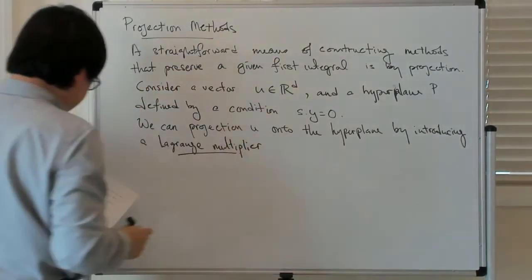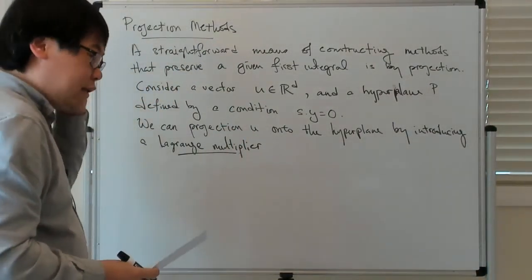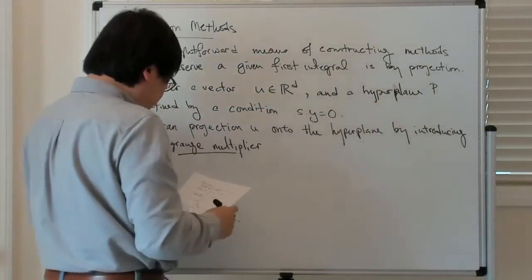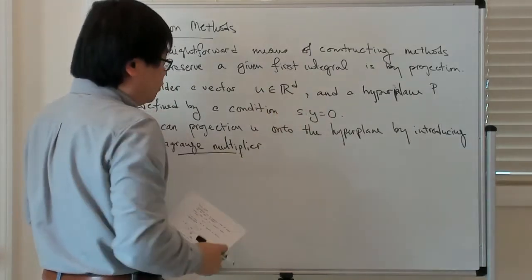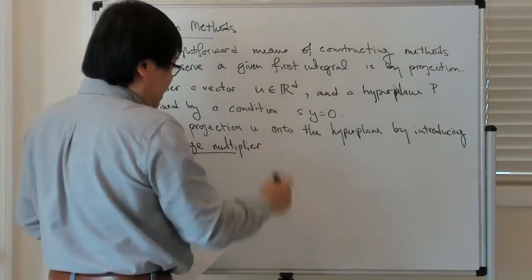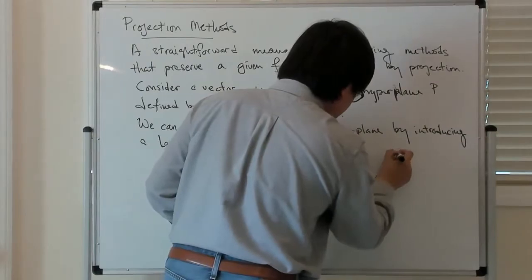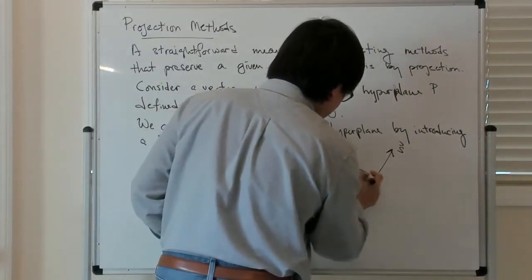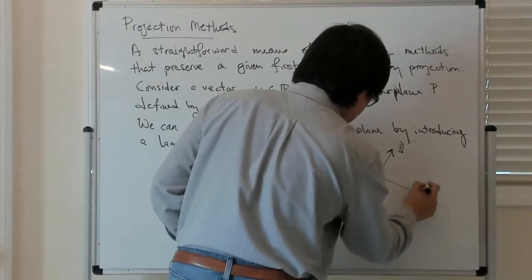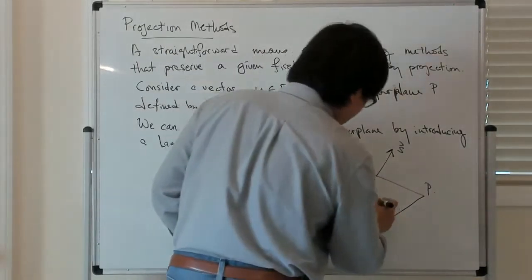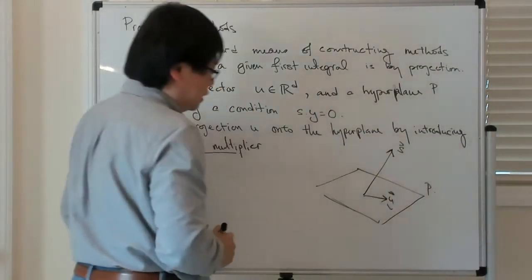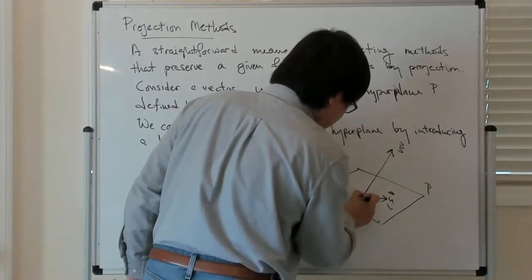Okay, so let's think about exactly what's going on here. You have this normal to the plane, which is s. Let's imagine this is the direction s, and this is of course the origin.